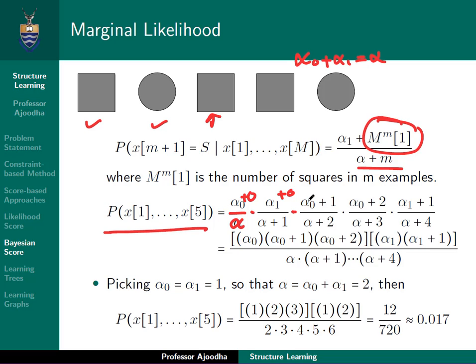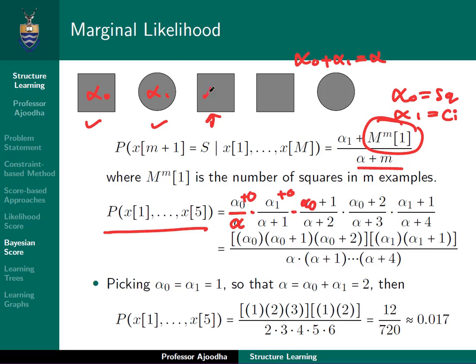So it's the prior for squares. Okay, so actually it looks like my theta 0 is for squares and my theta 1 is for circles. Sorry about that, I didn't want to confuse you. So this is for squares, and that's why it was a square.